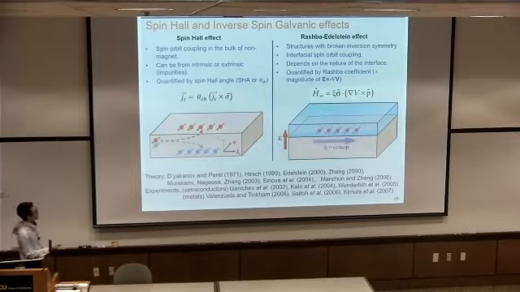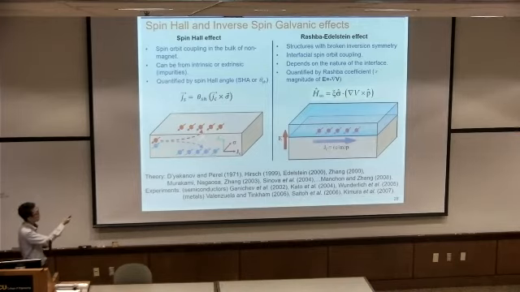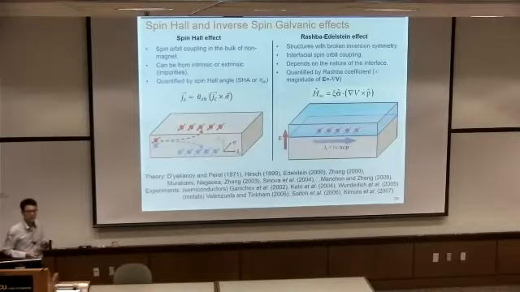But in reality, what happens? If you look at this structure, we always have an underlying substrate. So then you have the substrate and your material, and you will have an interface. If you have an interface, you have this phenomenon. Now, if you look at the top, your sample has a vacuum interface. So then you also have some kind of Rashba effect here. So in reality, it's not easy to distinguish in a real material system.